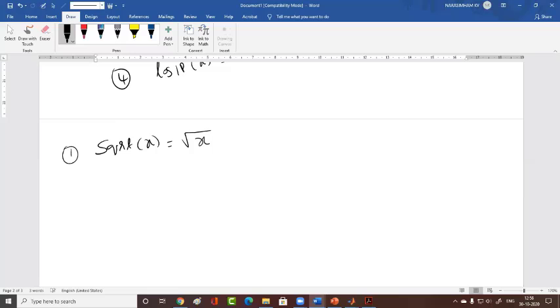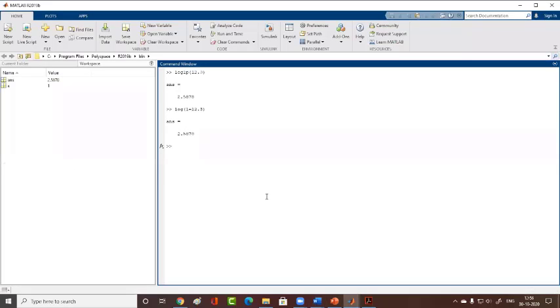If you want to find the square root, this is the same as in our programming. SQRT of 36 is simply 6.